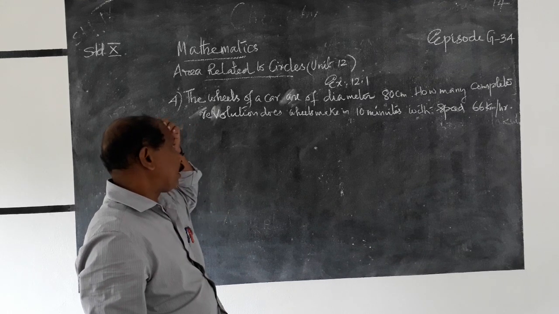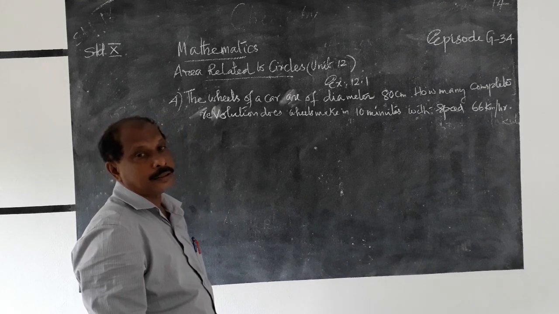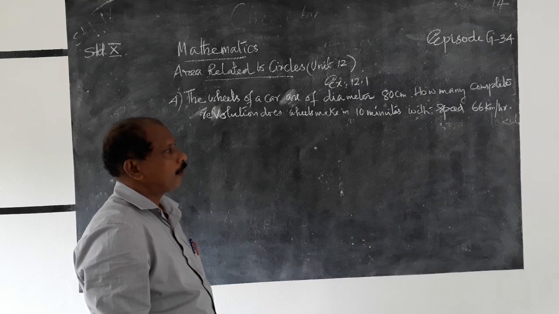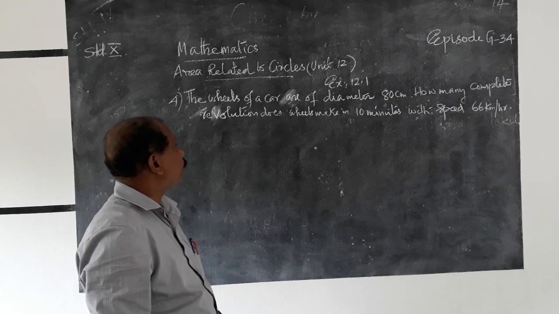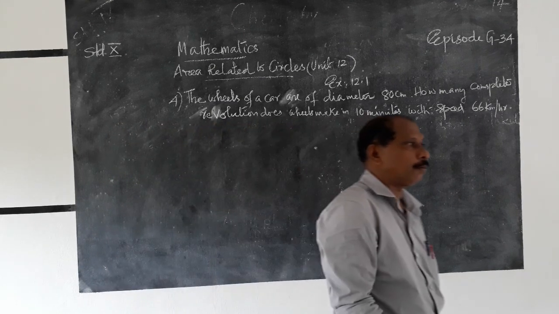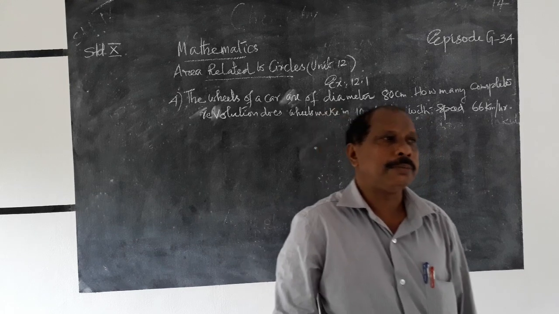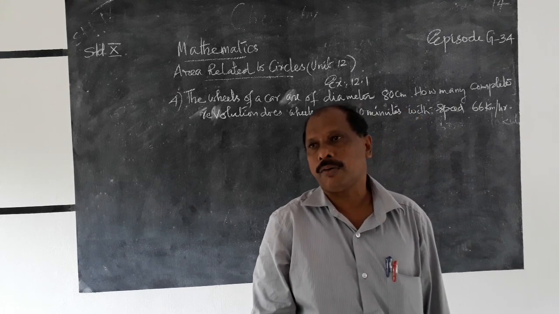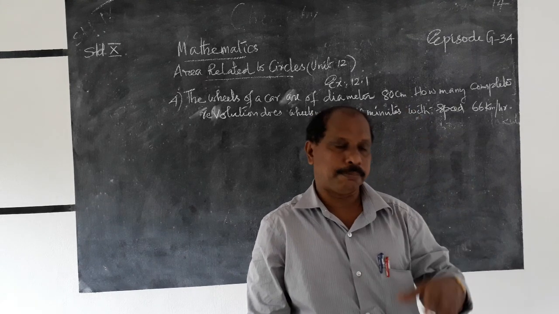The wheels of a car are of diameter 80 centimeter. How many complete revolutions does the wheel make in 10 minutes with the speed 66 km per hour? That means the wheels are of circular shape.